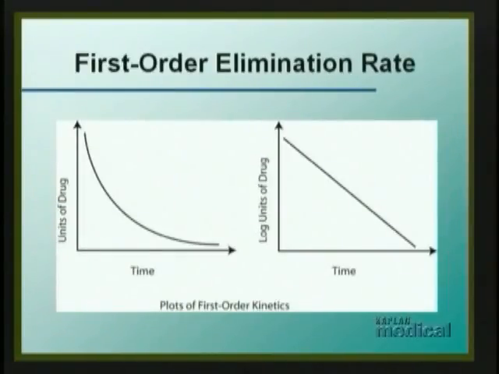If on the y-axis what you see are log units of drug concentration and you see a straight line, then in that situation you're in first order elimination, where you're losing the drug as a constant proportion per unit of time, the more common issue.